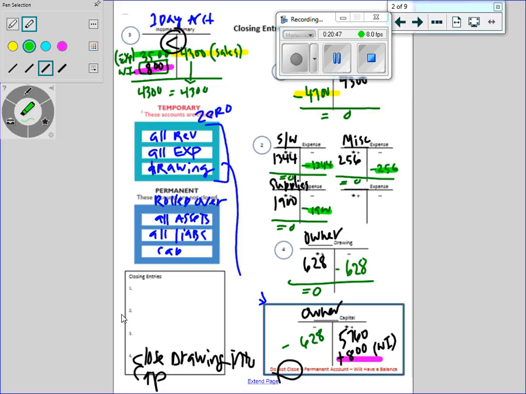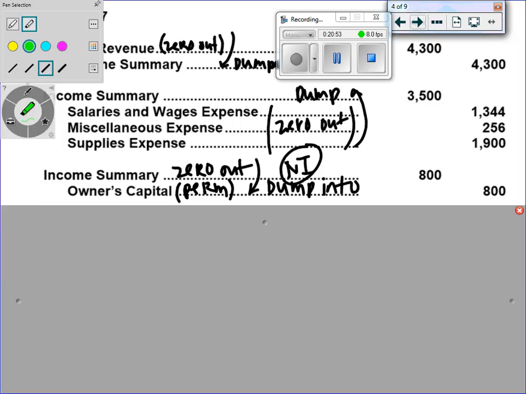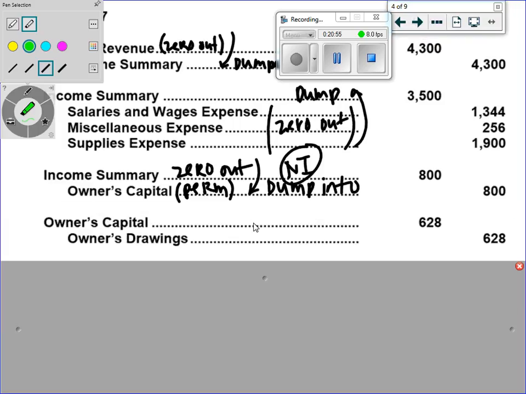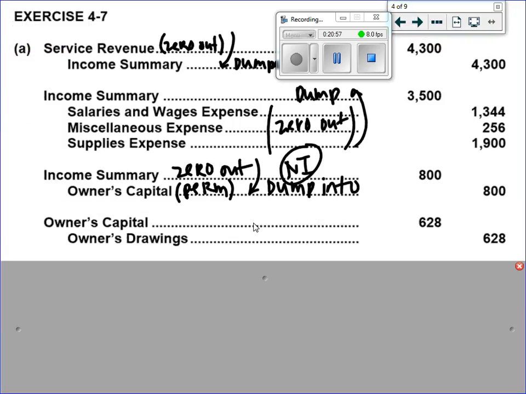So then I'm going to just highlight here and do that entry. So we are zeroing out drawing, dumping into capital, and that's a hit against the capital.